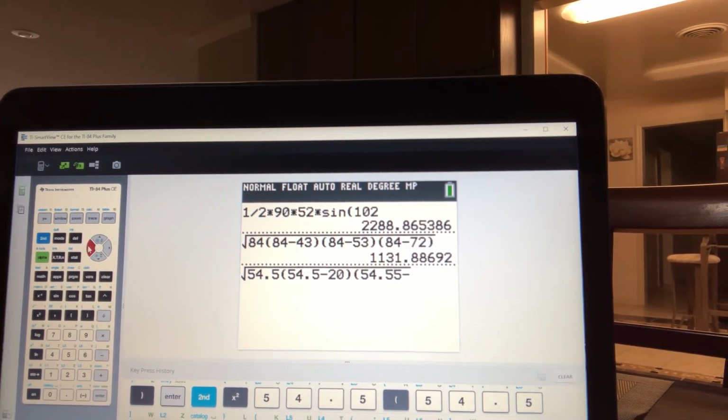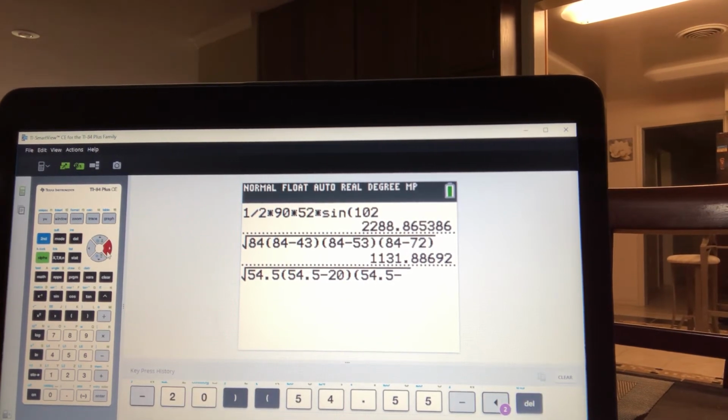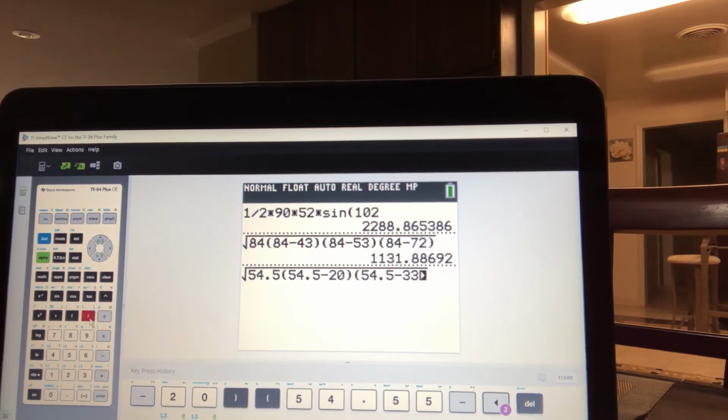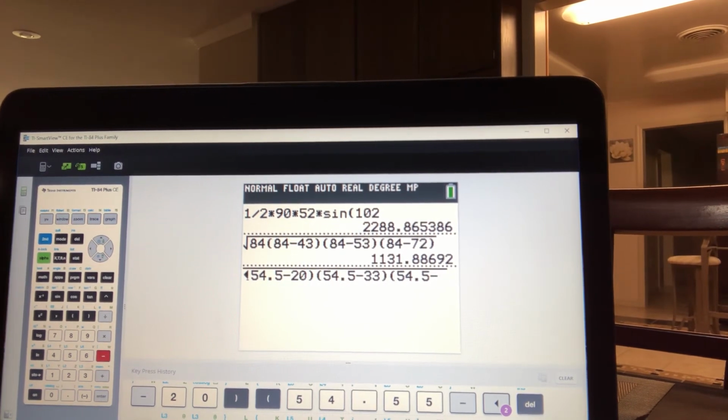I put an extra 5. 54.5 minus 33. And one more, 54.5 minus 56.